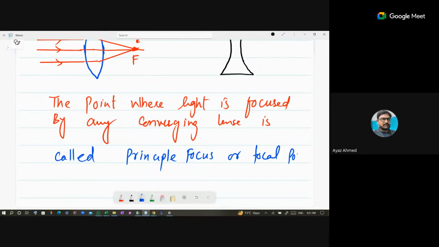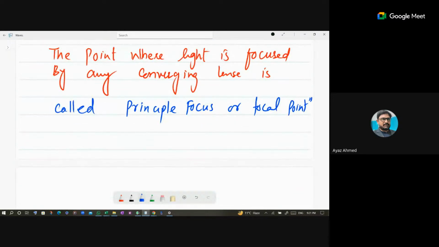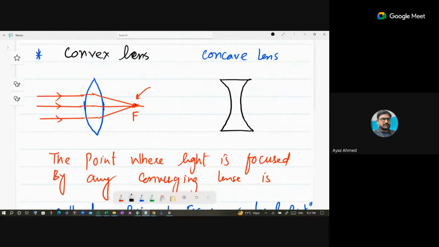Will you remember this thing? If you are asked to define focal point, is it clear that it is the point where all of the light is focused at a single point? This is your focal point, or we can say principal focus. Is it clear to both of you?